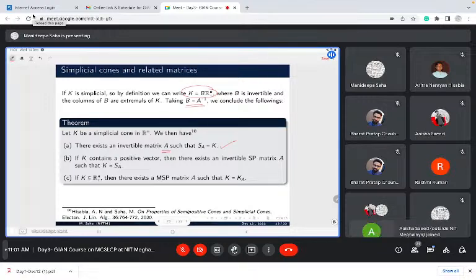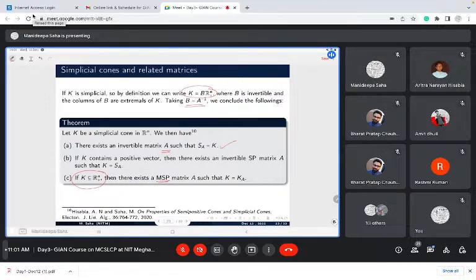And what will happen if that K is lying in the non-negative orthant? In that case, we can find a minimally semi-positive matrix such that K is equal to K(A).